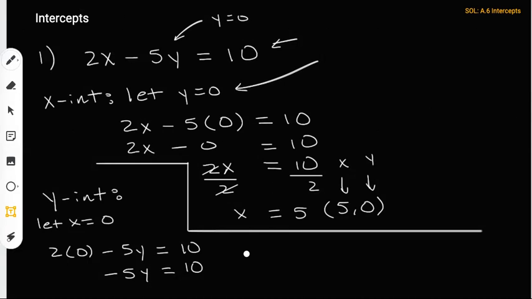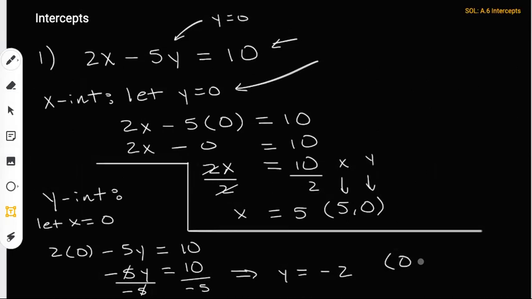So to get y by itself, I'm going to have to divide both sides by the negative 5. So I do that on both sides. The negative 5s are going to cancel, and it's going to leave me with y equals 10 divided by negative 5, which is negative 2. So I know for a fact that y is going to be equal to negative 2.